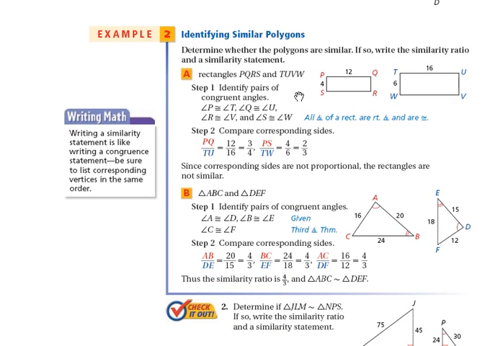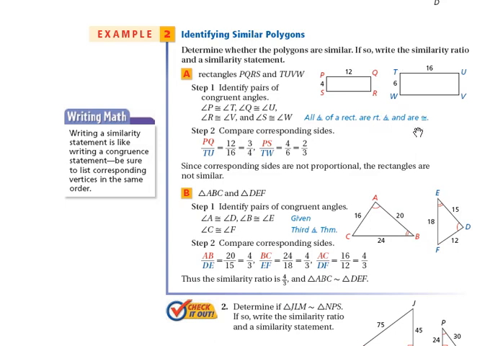So if you look at this example here, determine whether the polygons are similar. So first of all, notice the angles and the sides; you want to take note of that. And then if so, write the similarity ratio and the similarity statement. So what that means is we are looking at angle P to angle T. Those would be the corresponding angles, and they're all right angles.